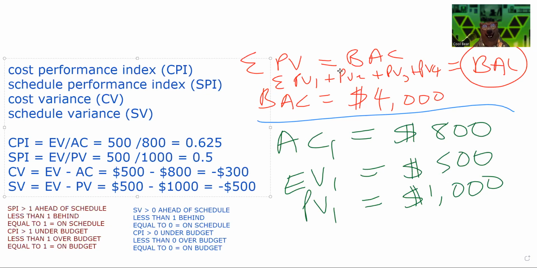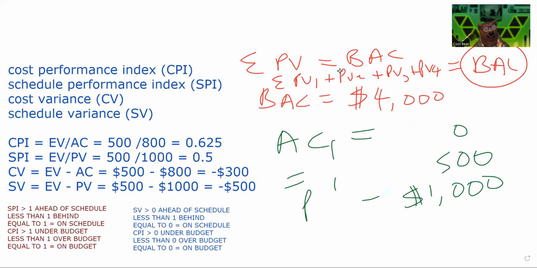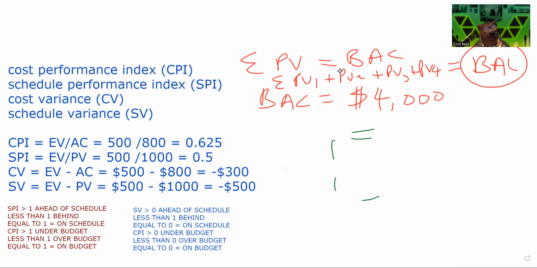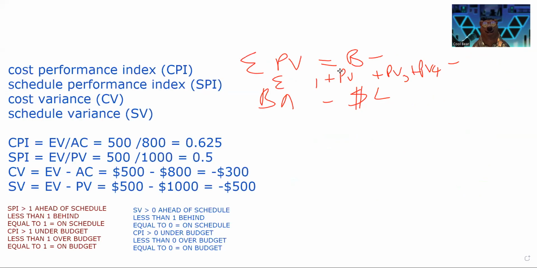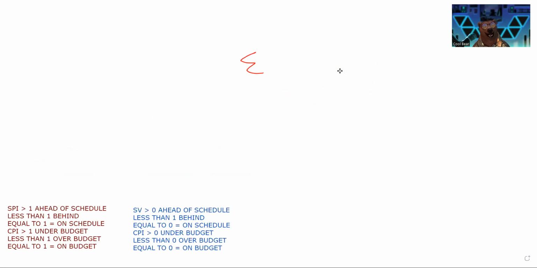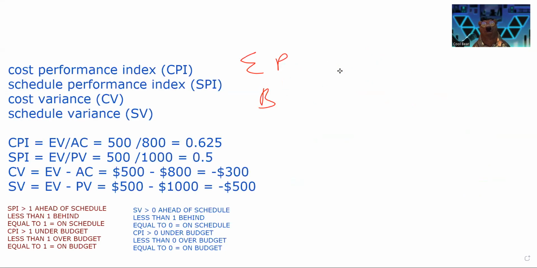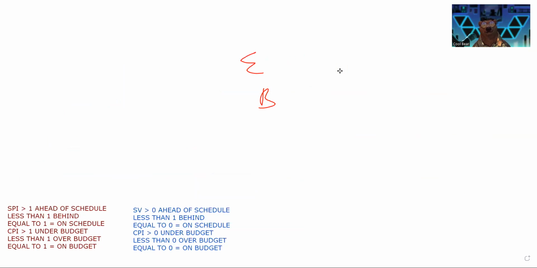So now you understand what all of this stuff really means. You can use earned value to deduce how healthy your project is, how good you're doing. Are you on budget, over budget, under budget, and things such as that.